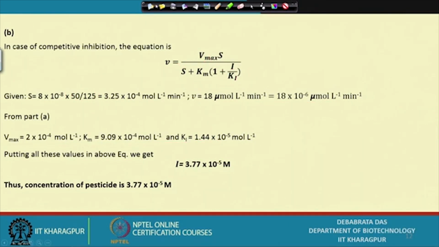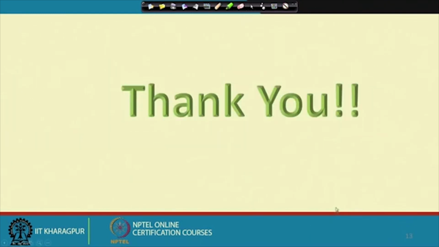So this is how we can easily find out the concentration of pesticide in an unknown sample. Today in this particular lecture we tried to cover how we can find out the substrate concentration at different times of reaction.